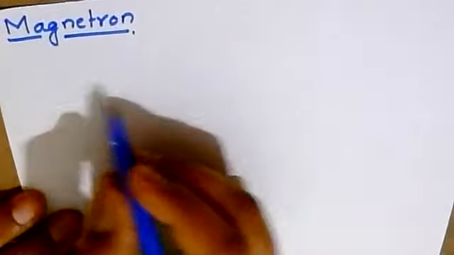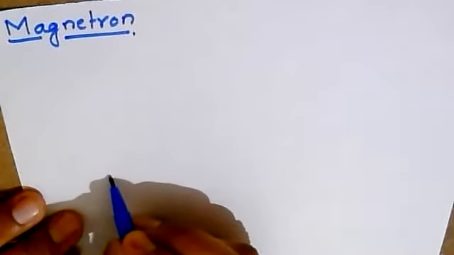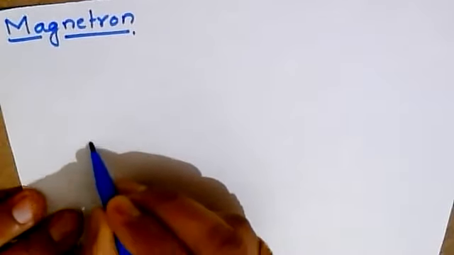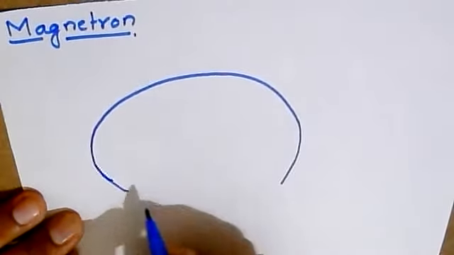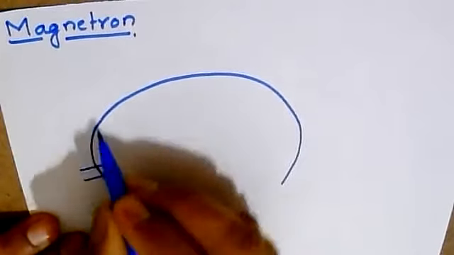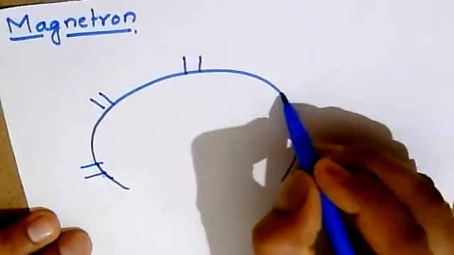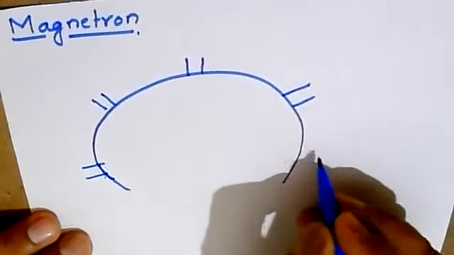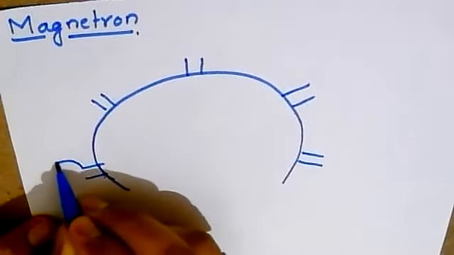In this case of the magnetron, I'm taking only half of the part. If we consider one cavity here, a second cavity, third cavity, fourth cavity, and fifth cavity, these are the different cavities I'm considering.